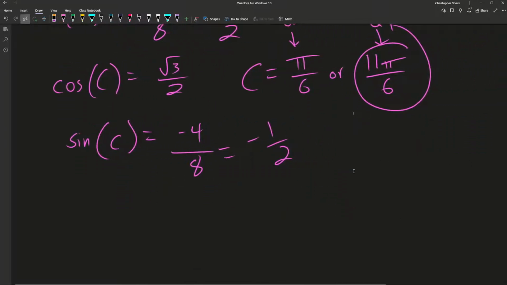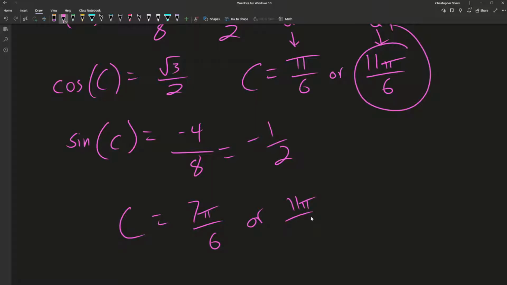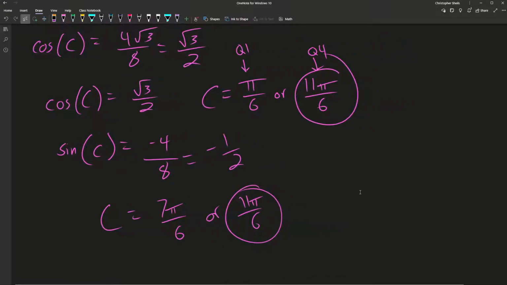If you did find the two places where sine of c was equal to negative 1/2, of course, this would be c equals, what would this be? 7 pi over 6 or 11 pi over 6. And notice that we have one that matches here, right? So I know what my c is, I know what my a is, and I know what my b is. My b was given to me.